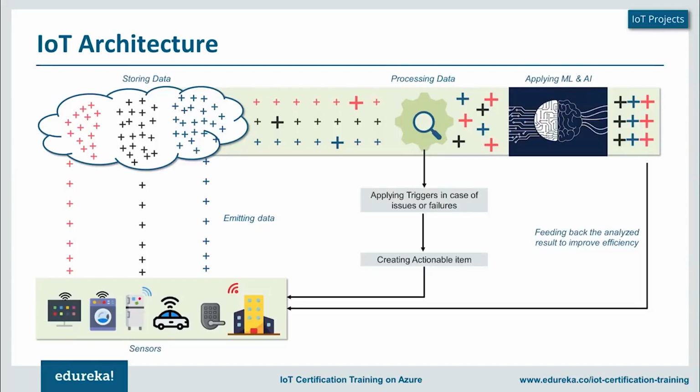But once the information has been processed, the processed data is passed into machine learning and artificial intelligence in order to understand, analyze, and identify various patterns and help pass this information back to the sensor. This in turn helps you have a better experience and also improve the system as a whole.